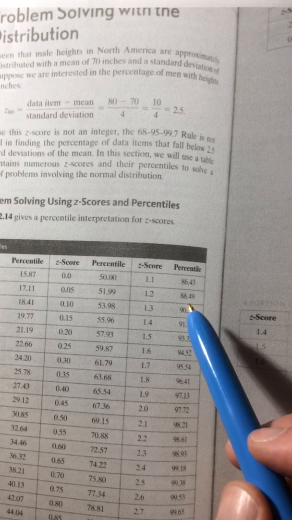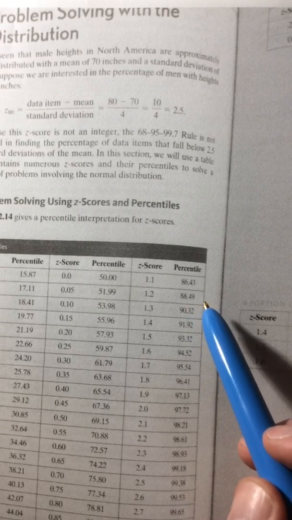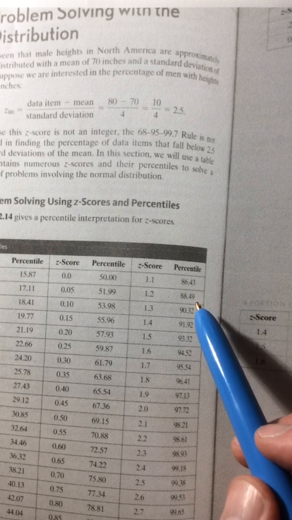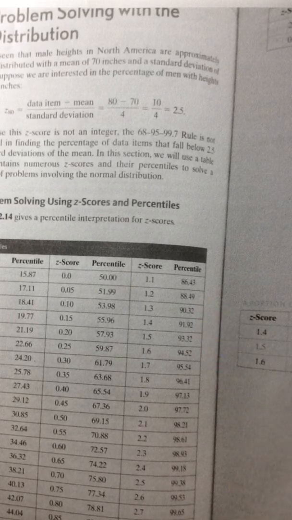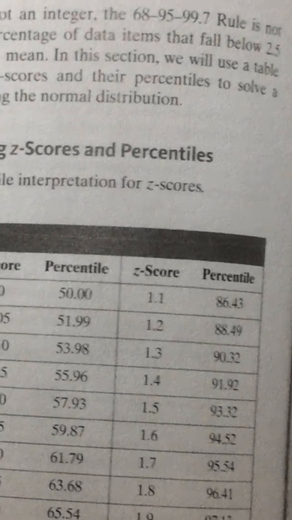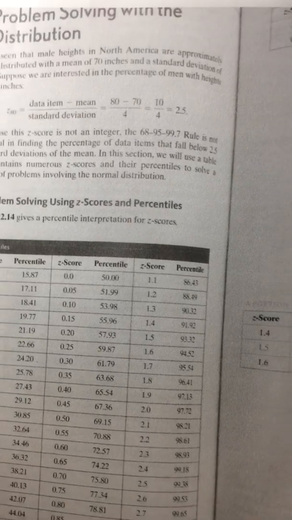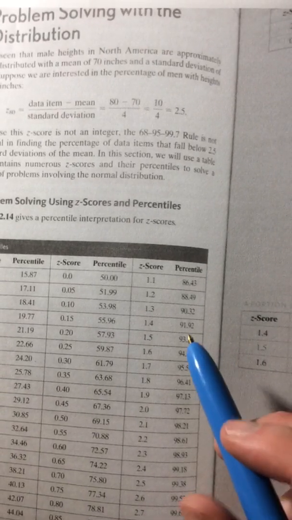It looks like it might be 88 point, I don't know. I'm going to go with 49, but like I said, I really can't see it. I'm going to try to zoom in. And oh, I did. Yeah, good. 88.49. Good for me. So this is 88.49.